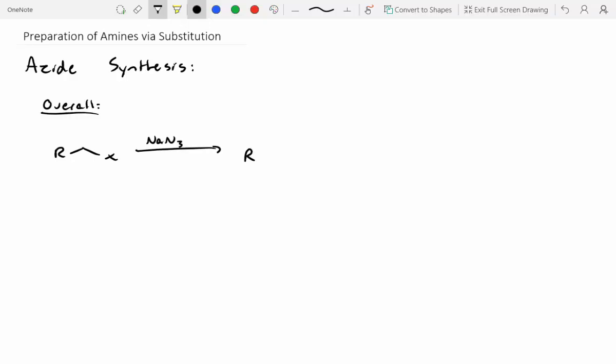When you do this, you end up forming this intermediate. Let me put in all the lone pairs just so we can keep track. You end up forming an azide.